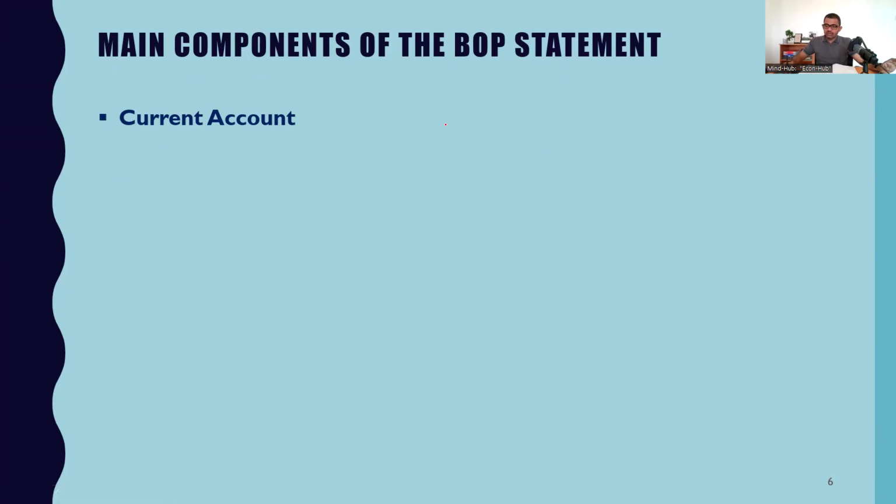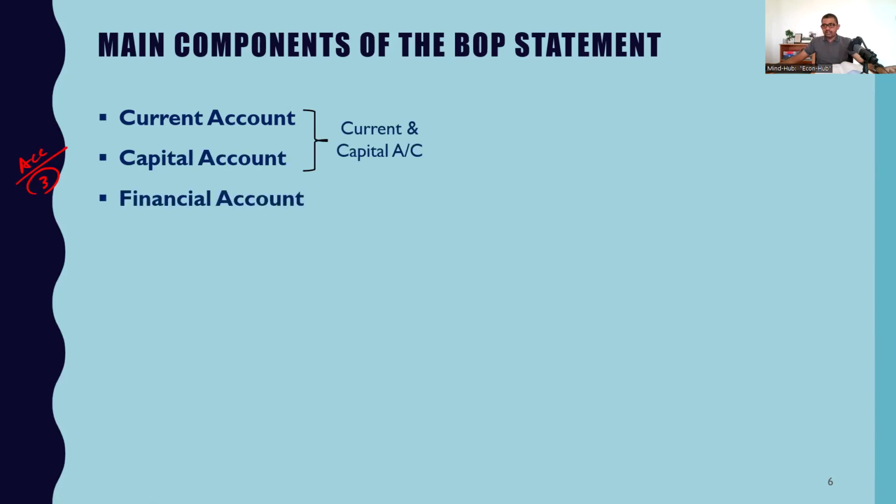So remember the number 3. When we prepare the balance of payment statement, current account and capital account go together. But 3 separate accounts are there, right?